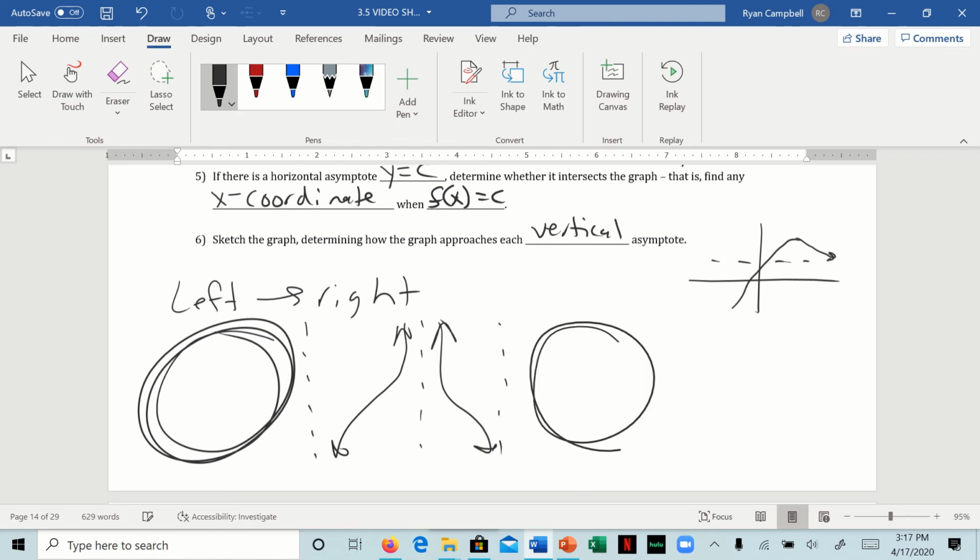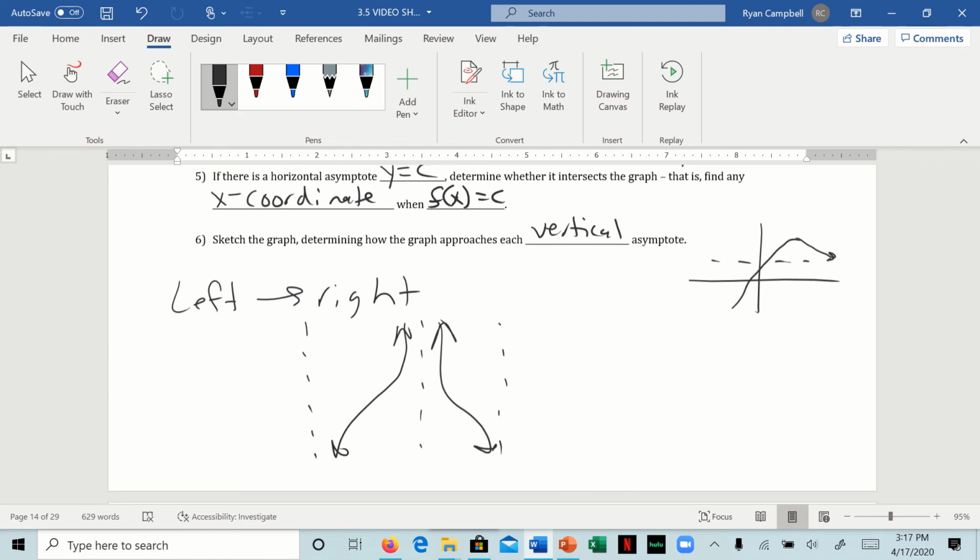How does the graph approach this vertical asymptote from the left? Does it go down? Does it go up? We got to figure that out. So just because it looks like you've figured everything out, make sure to go real quick, left to right. Oh, we don't have anything over here. What's going to happen to the graph? What happens to the graph?